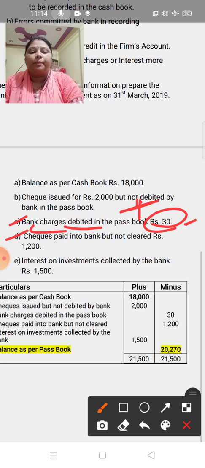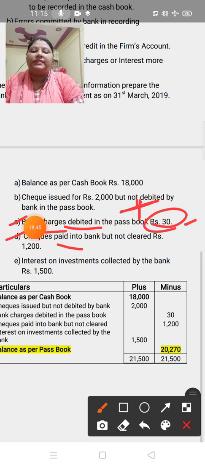You have to subtract from the cash book because it is not entered in the passbook, and you have to make the cash book equal to the passbook. When this amount is not entered in the passbook, it means the passbook is 1200 less. So you have to subtract the amount in the cash book also. You have to subtract 1200.